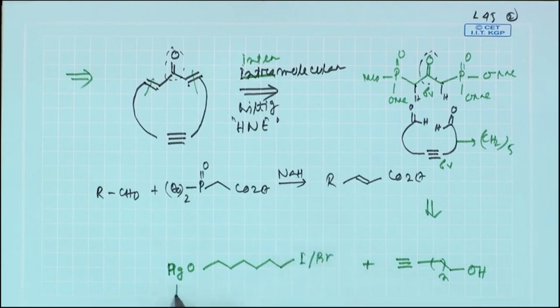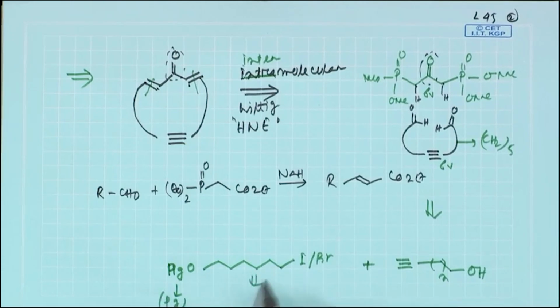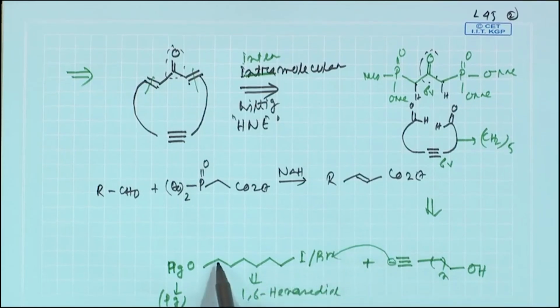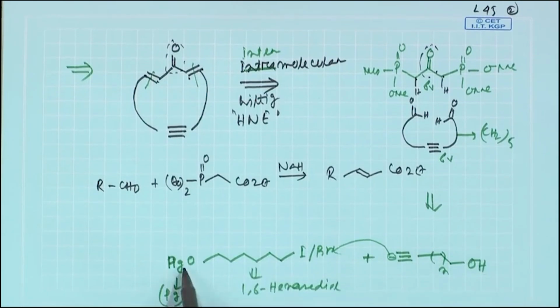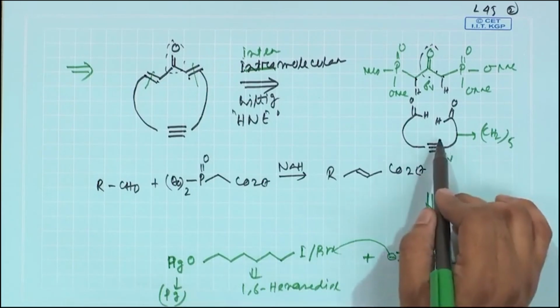Now Pg stands for the protecting group. So this kind of compound can be easily prepared from the corresponding 1,6 hexanediol by using protecting group chemistry, that you all know. So what you do? You create a carbanion, react with this electrophile, and then you get this 6, this also 6. Then this Pg has to be removed, you oxidize this alcohol to get the symmetrical dialdehyde, fine.